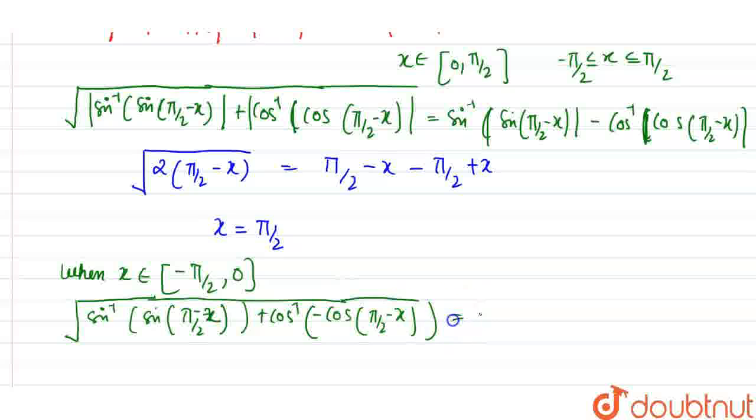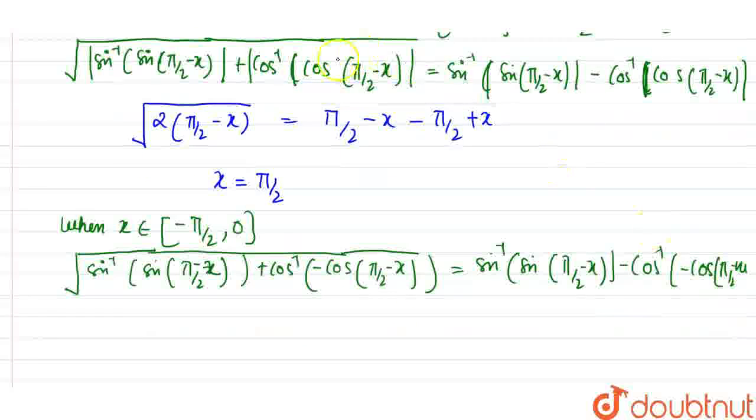So now it is equal to sine inverse of sine pi by 2 minus x, where similarly minus cos inverse of minus cos pi by 2 minus x, sorry guys, actually it is going to be minus cos pi by 2 minus x, right? So now we are going to do the same thing we have done earlier.